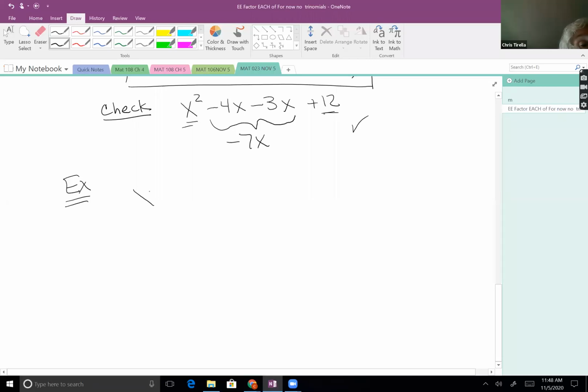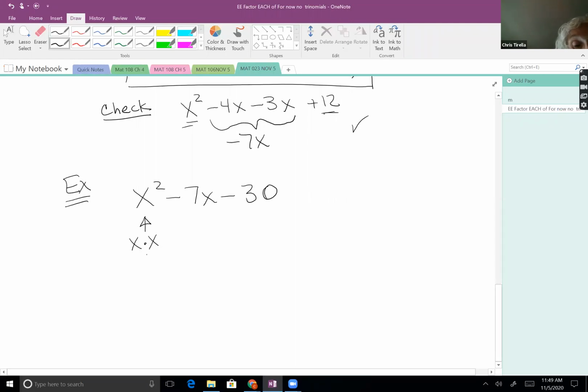Let's look at x squared minus 7x minus 30. And again, when I first factor a trinomial, I don't pay attention to the middle term. I pay attention to the first term to get x.